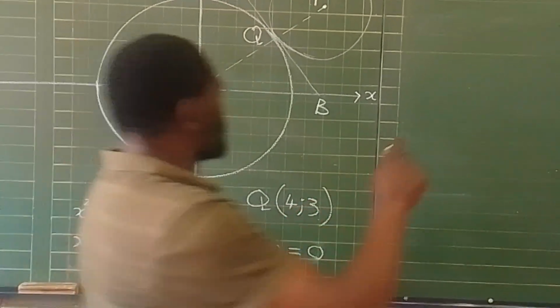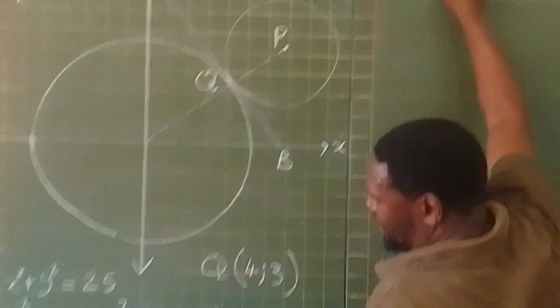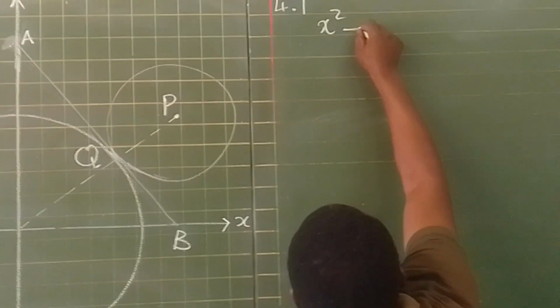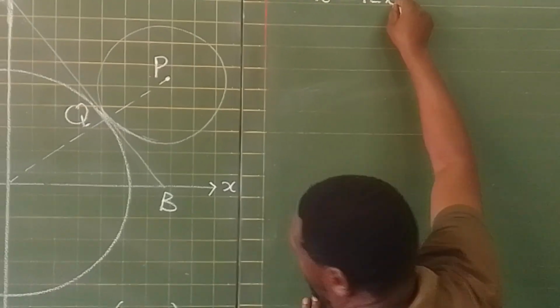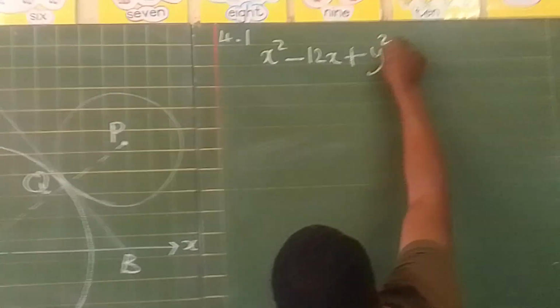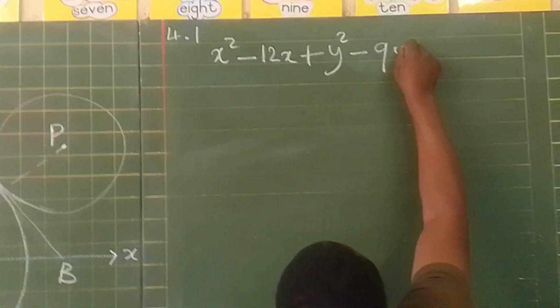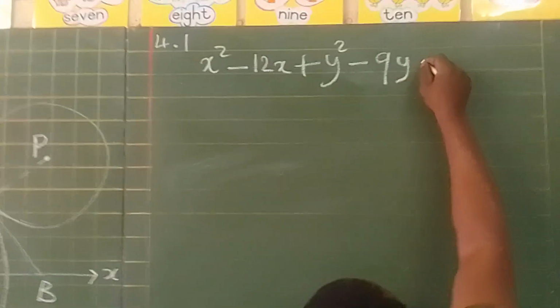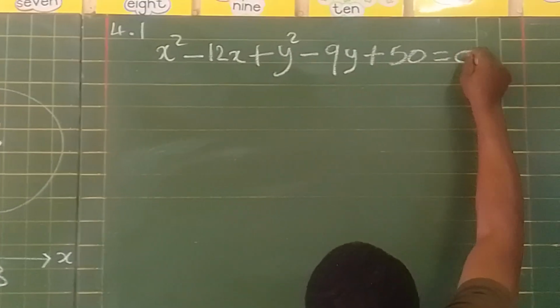So you take this equation: x squared minus 12x plus y squared minus 9y plus 50 is equal to 0.